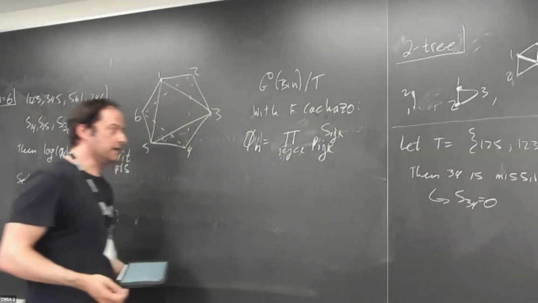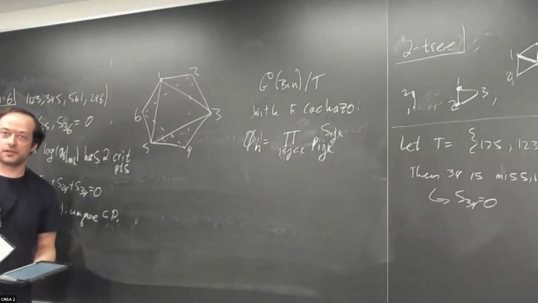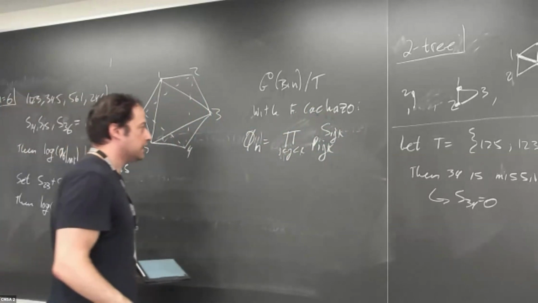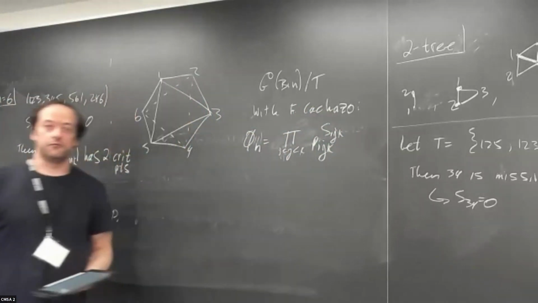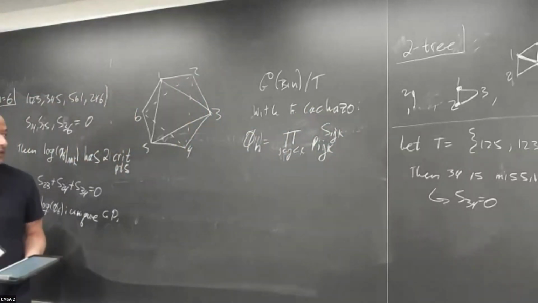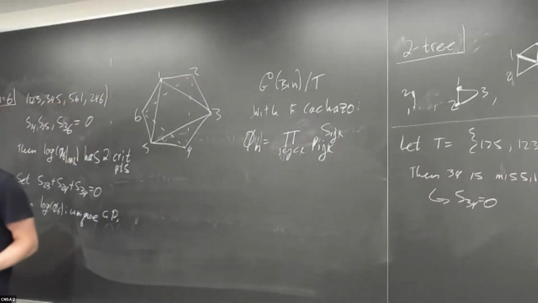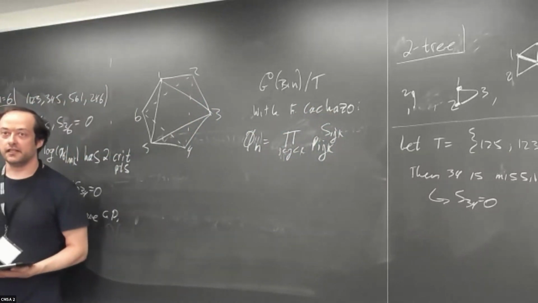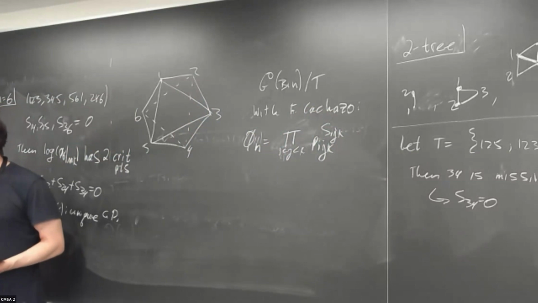So we ask, what are the possible situations in which we can get a unique critical point? The critical point which we found happened to be in the image of a Veronese embedding, so it's in positive configuration space.